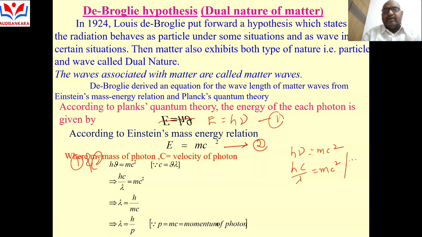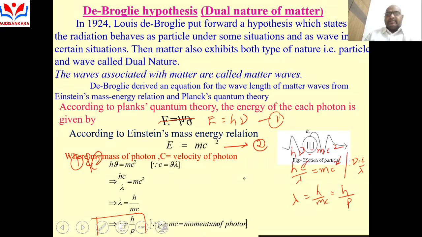Here, since nu is equal to c by lambda, the c cancels. So lambda is equal to h by mc, where c is the velocity of light. Mc is converted to the momentum of the particle, so lambda is equal to h by p. This is de Broglie's hypothesis, the equation for the momentum of a photon.